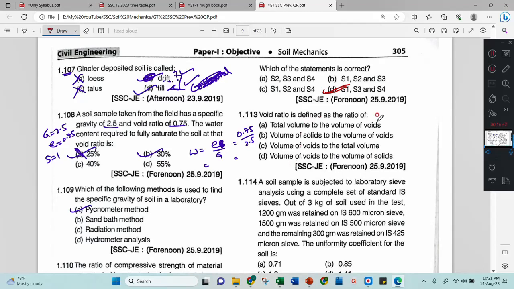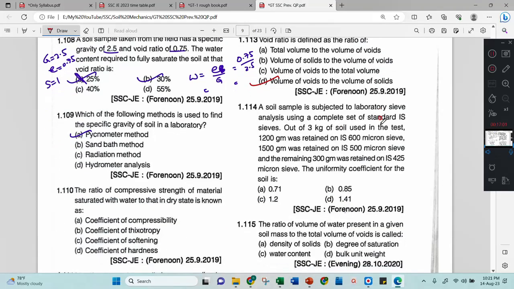Void ratio is defined as the ratio of, D option. We'll skip.